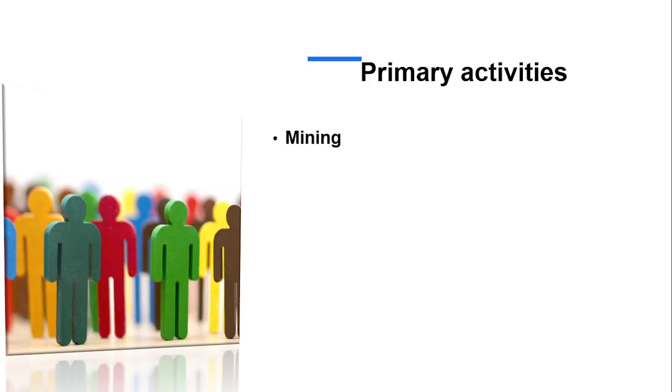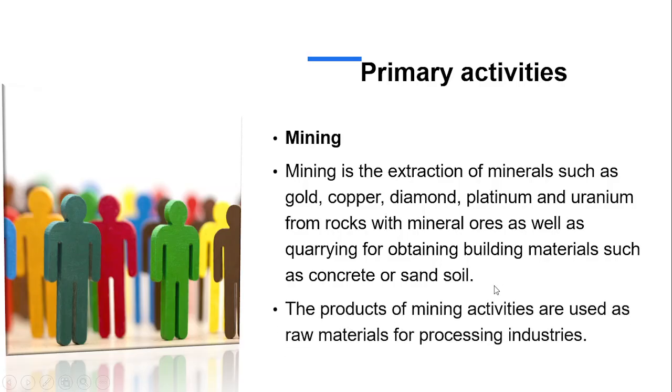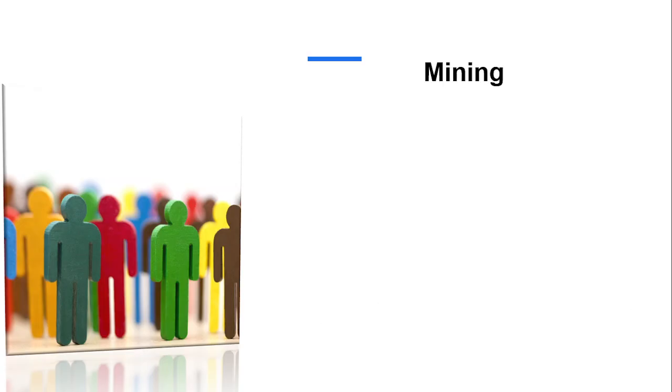The other primary activity is mining. Mining is the extraction of minerals such as gold, copper, diamond, platinum, and uranium from the rocks with the minerals, as well as quarrying for obtaining building materials such as concrete, sand, and soil. Now, the products of mining activities are used as raw materials for various processing industries.